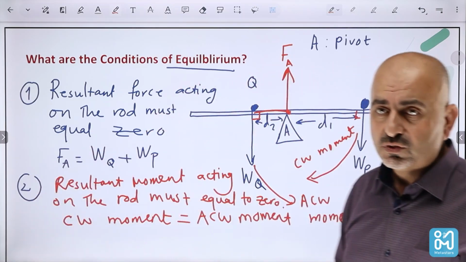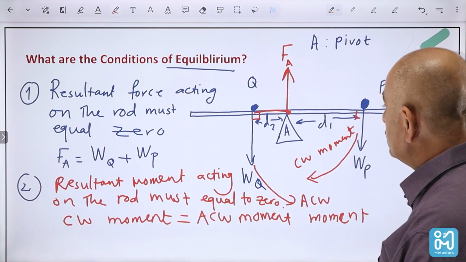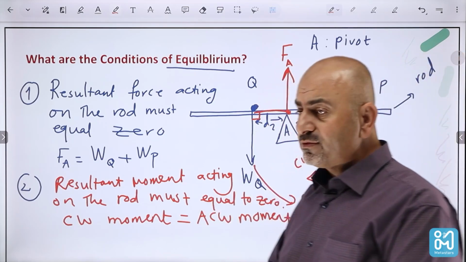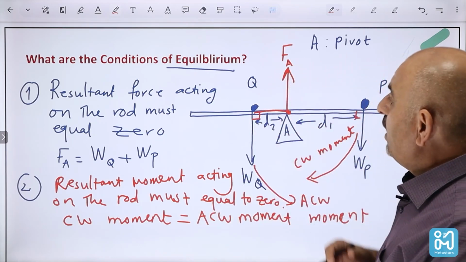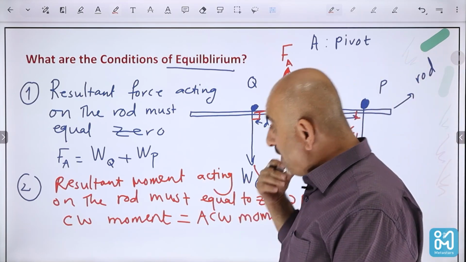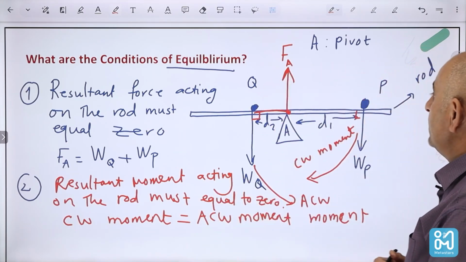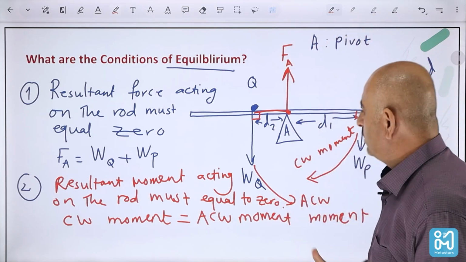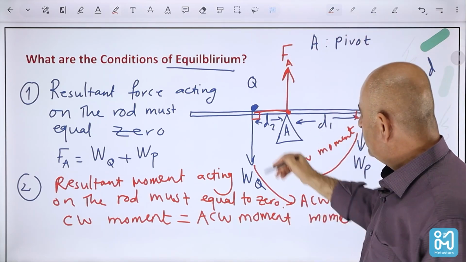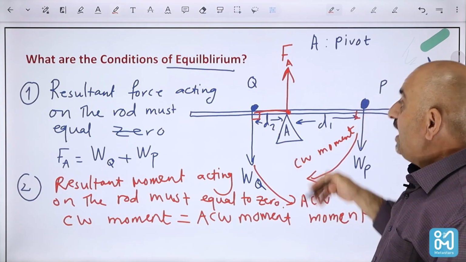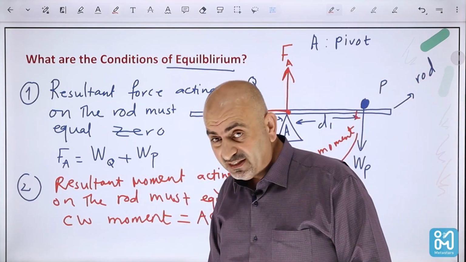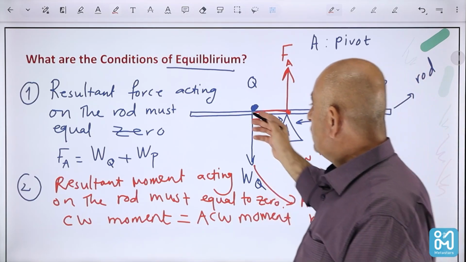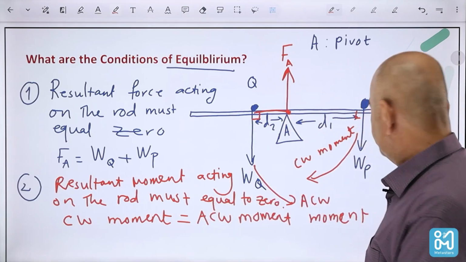Clockwise moments equal anti-clockwise moments. So remember these 2 conditions at all times when you are solving moment problems. We're going to be using these 2 conditions to solve problems. Remember that resultant force is 0 means upward forces equal downward forces, and clockwise moment must equal anti-clockwise moment. If these 2 conditions are fulfilled, then the rod would be in equilibrium.